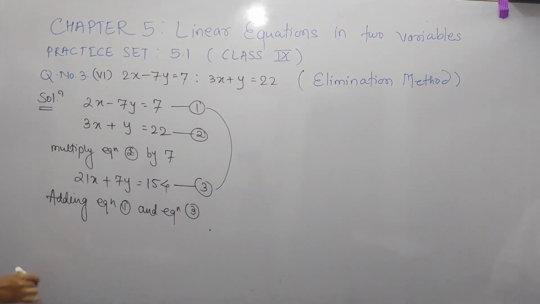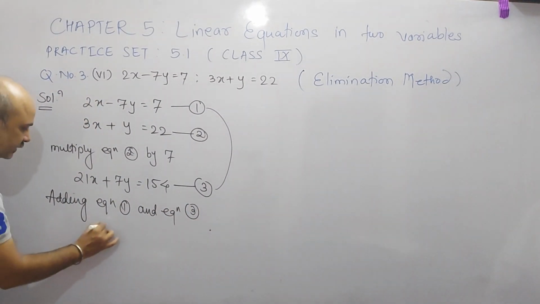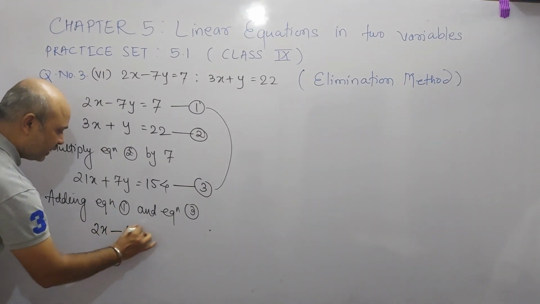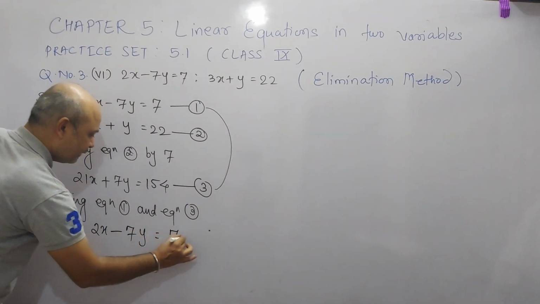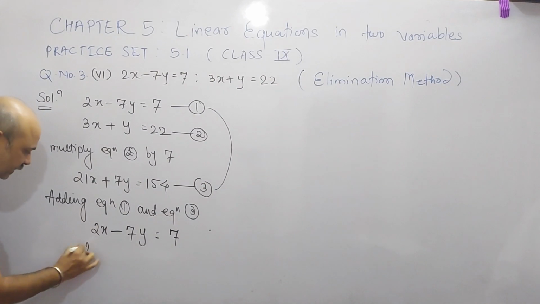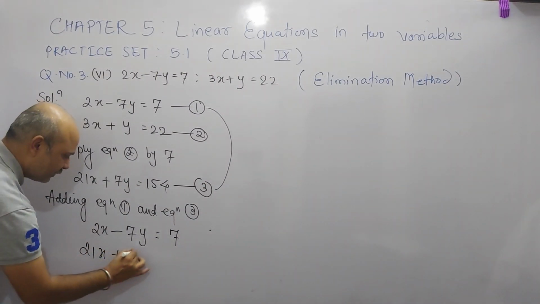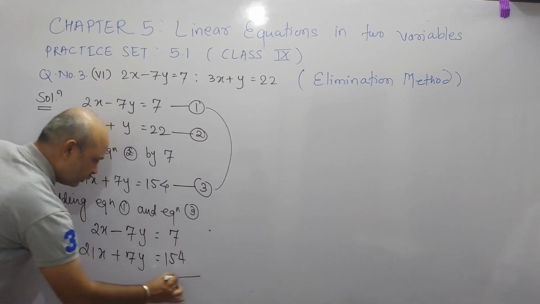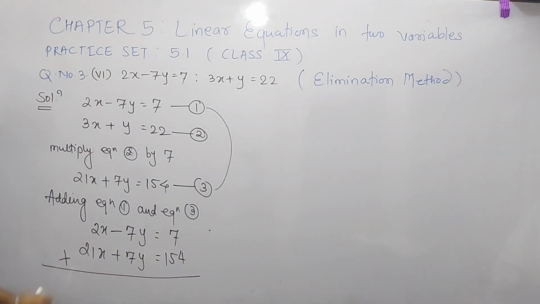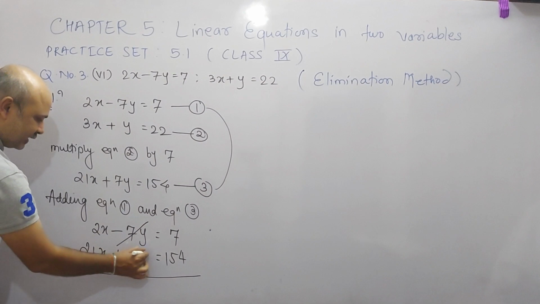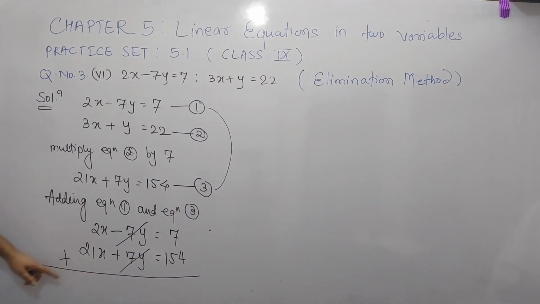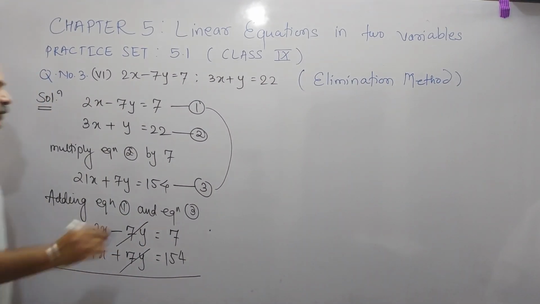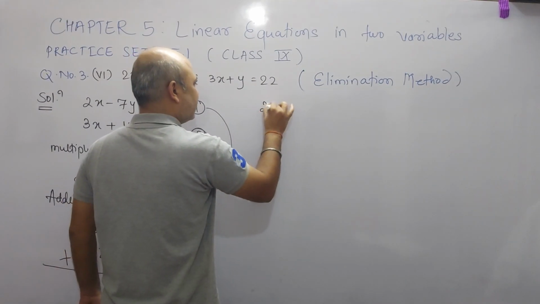What is equation 1? 2x minus 7y is equal to 7. And equation 3 is 21x plus 7y, and this is equal to 154. So now when you add, this minus 7y will cancel out with plus 7y. 21x plus 2x, 23x.